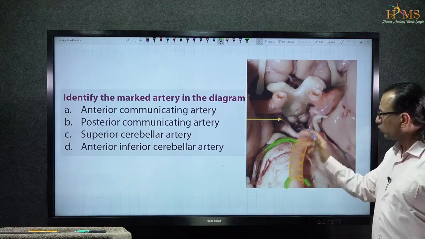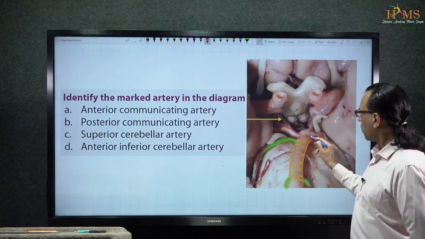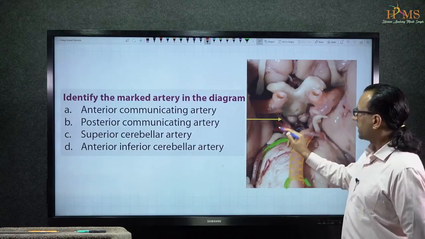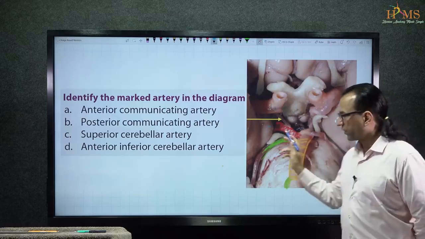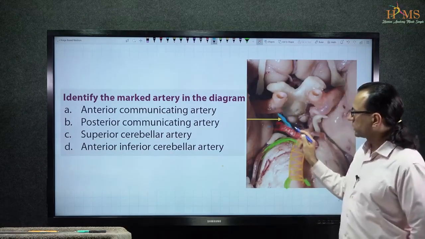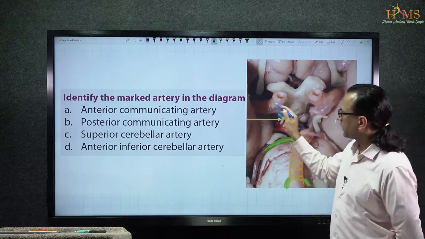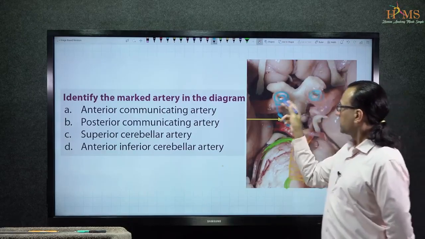Then it is bifurcating into two branches. That is the posterior cerebral artery, one on each side, and the posterior cerebral artery is a terminal branch of the basilar artery. It is receiving this branch which is called the posterior communicating artery, which itself is a branch of the internal carotid artery, one on this side, one on that side.